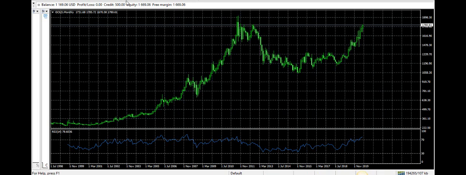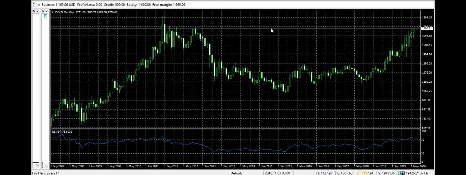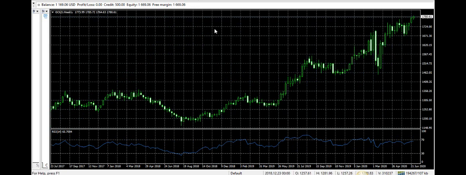So we know that, okay, overall, I say just average all the time frames. So from monthly, okay, overbought, still going up. Overbought, still, divergence. That's a divergence. And the divergence is when price, and this is very key, price makes a new high, but RSI does not follow it.